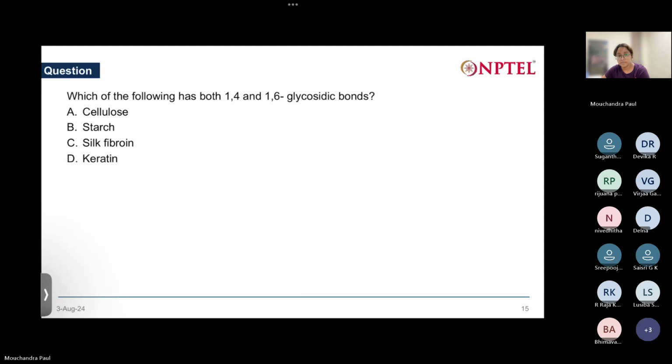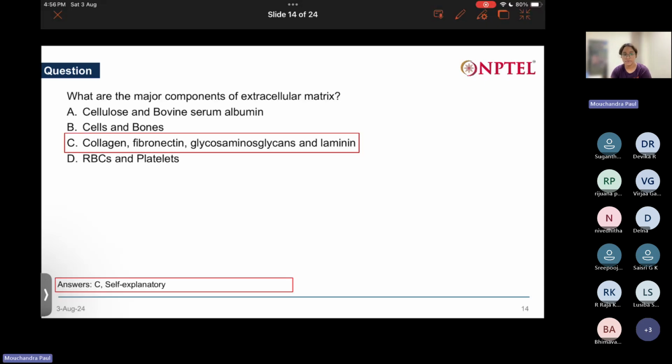Now, coming to the next question. Which of the following? Previous option. You want the previous slide? Okay, so I have changed it. Give me a few seconds.